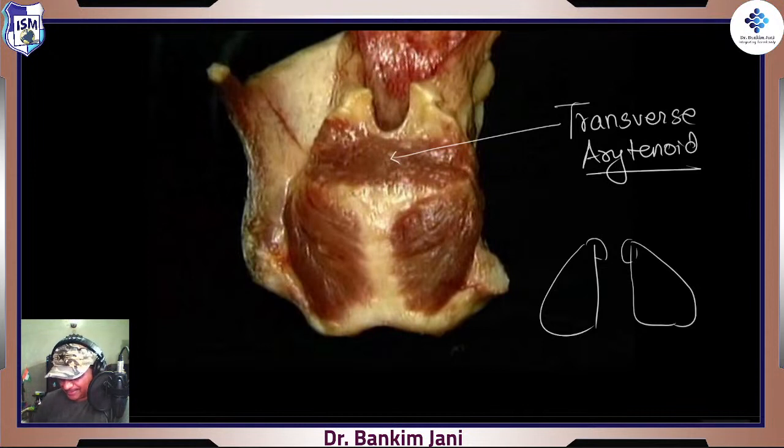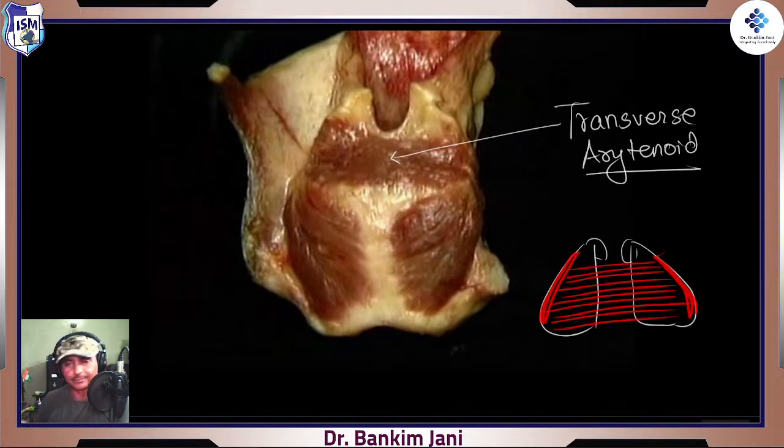And here, the lateral aspect, and that's the transverse arytenoid. So when they contract, obviously they both would come near, right?